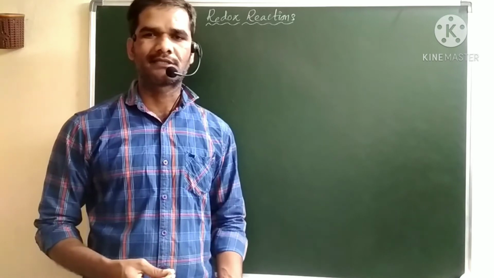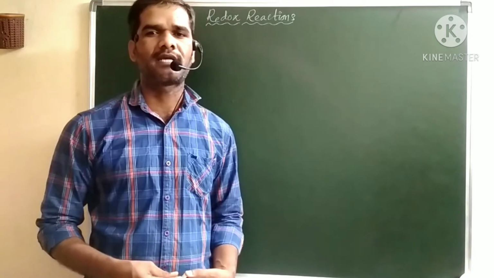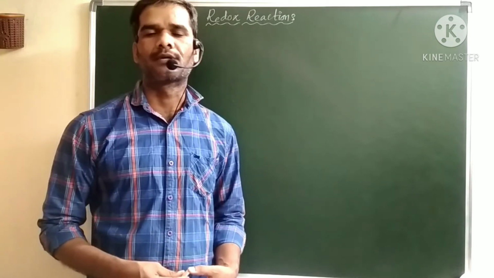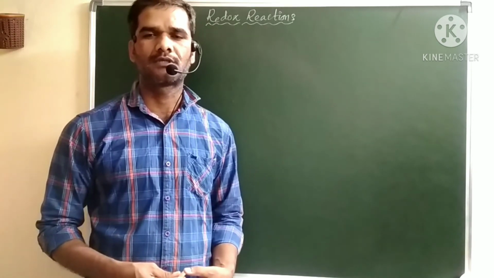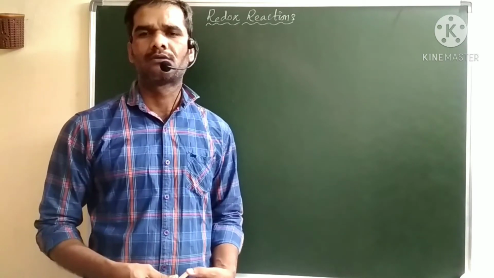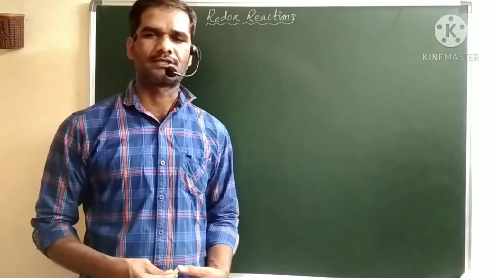To understand these redox reactions clearly, first we should learn about the oxidation number or oxidation state. The oxidation number or oxidation state is very important to learn about redox reactions.